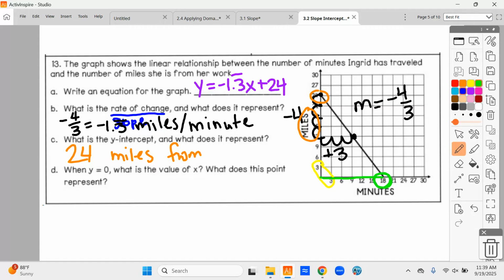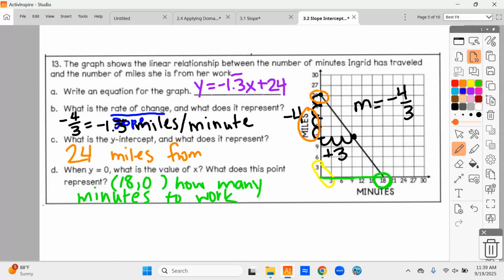What does this point represent? So when y is 0, x is 18, and it represents how many minutes it takes her to get to work. I'm just going to write to work. All right, so 18 minutes to work, 24 miles.